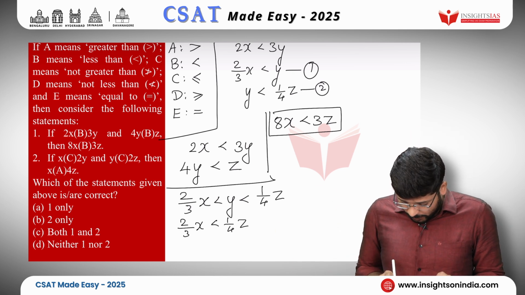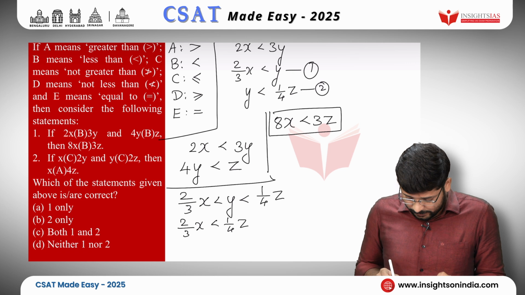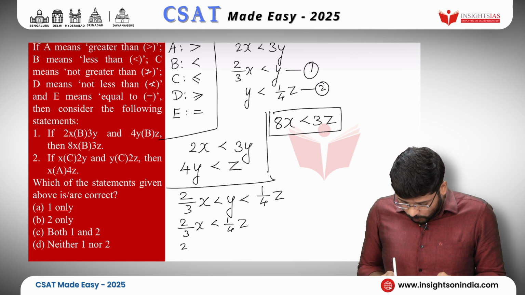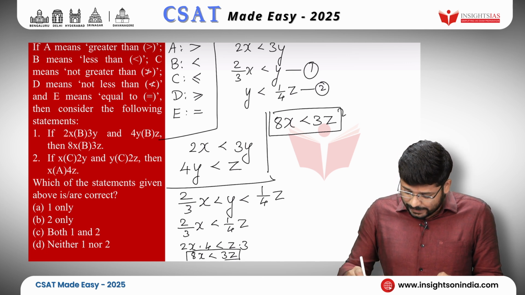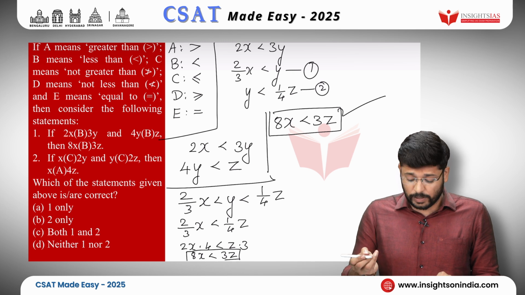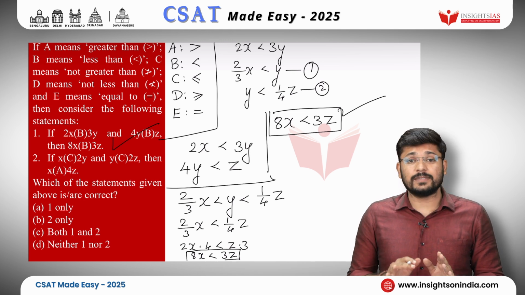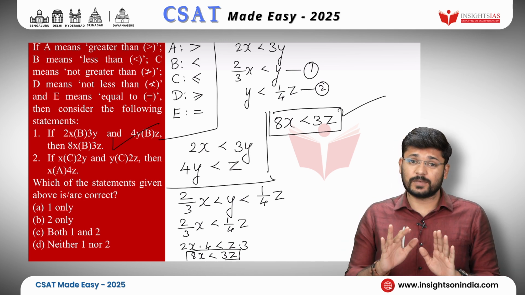Now, we will cross multiply. We will get 8x, how do we get 8x? Like this. 2x into 4 is less than z into 3. That would be 8x less than 3z. Yes, we got this. And that is the conclusion that they are asking us to evaluate. So, statement 1 is right. 8x is less than 3z.